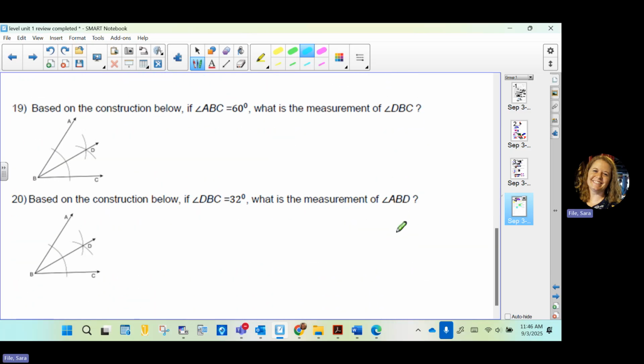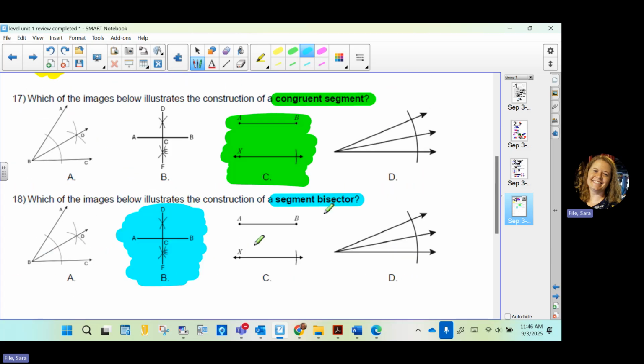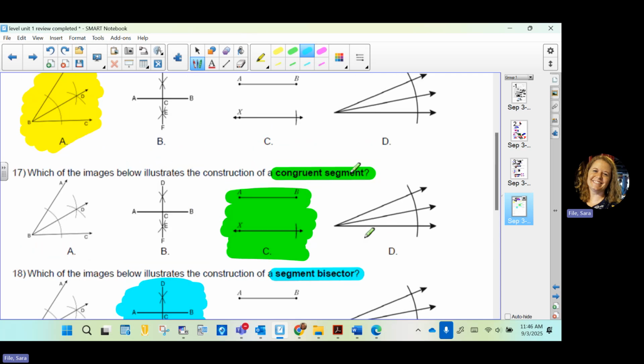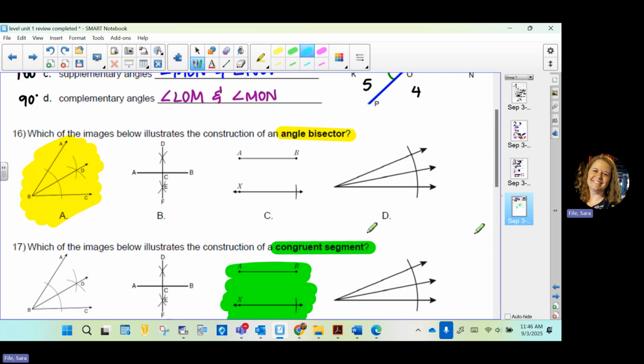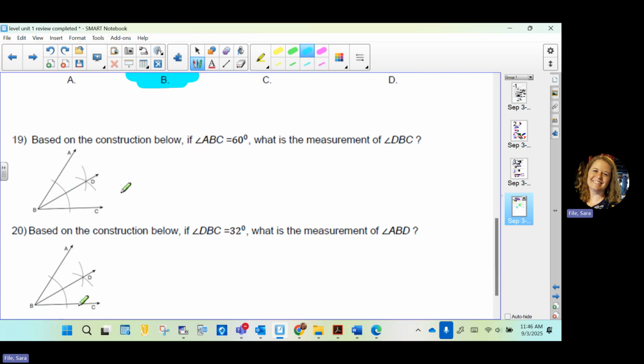All right, and then on these last couple here, it says based on the construction below. Both of them give the same image. Is this an image of a segment bisector, a congruent segment, or an angle bisector? This image is an angle bisector. So what's happening in both of these is an angle bisector.